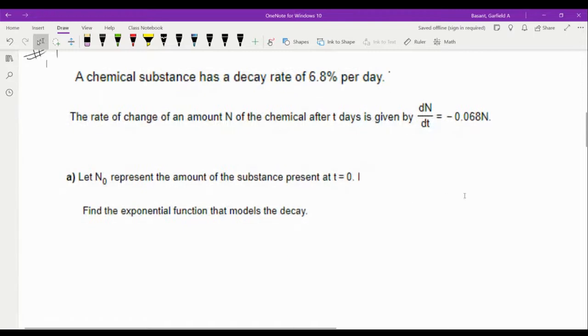So let n0 represent the amount of substance present at t equals 0. Find the exponential function that models the decay. Anyone want to give this a shot?